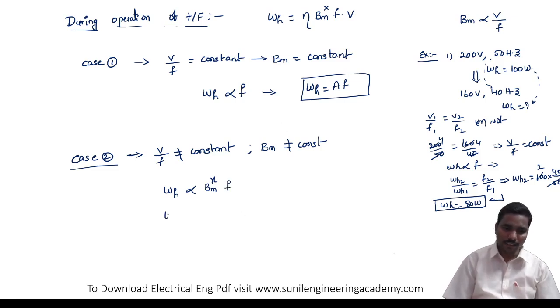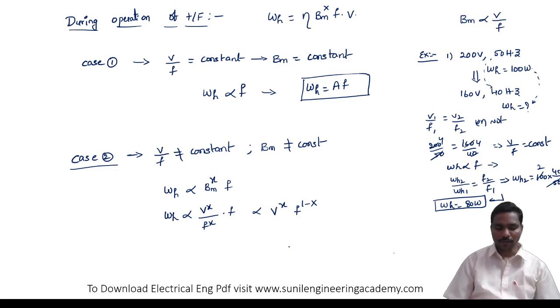Let us take B max as proportional to V by F, which means V power x by F power x, into F. So that means here you will get V power x, F power 1 minus x. Let us take x as 1.6. Then hysteresis loss is proportional to V power 1.6 into F power 1 minus 1.6, which is minus 0.6.